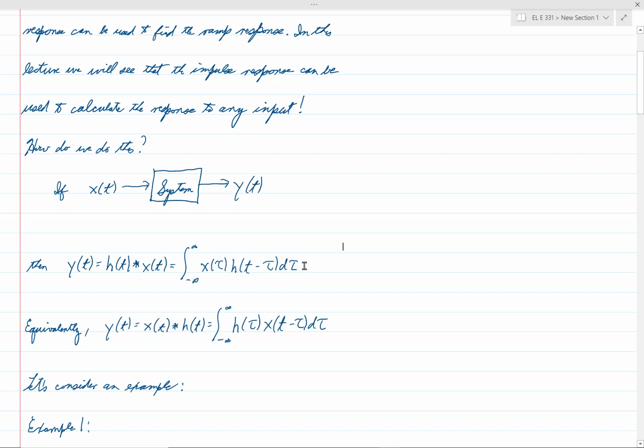See, tau is the variable of integration. The argument of this function gets bigger as tau gets bigger, but the argument of this function gets smaller as tau gets bigger. So that makes the convolution potentially a little confusing. So we have to be careful.